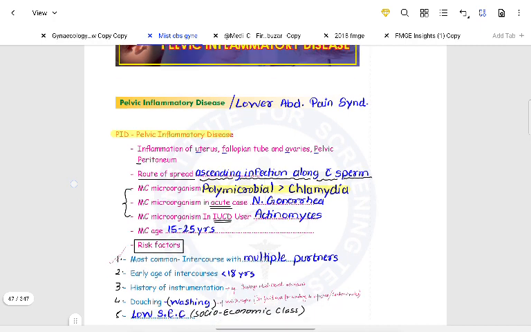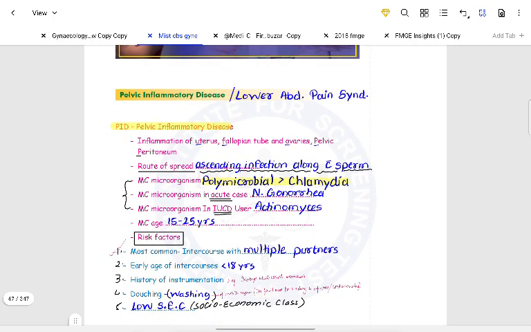Douching, or washing of the cervix and vagina, is another, as the fluid used for washing is sometimes infected or contaminated, and the bacteria enter via the cervix and vagina into the uterus, fallopian tube, ovaries and pelvic peritoneum. So it goes on.